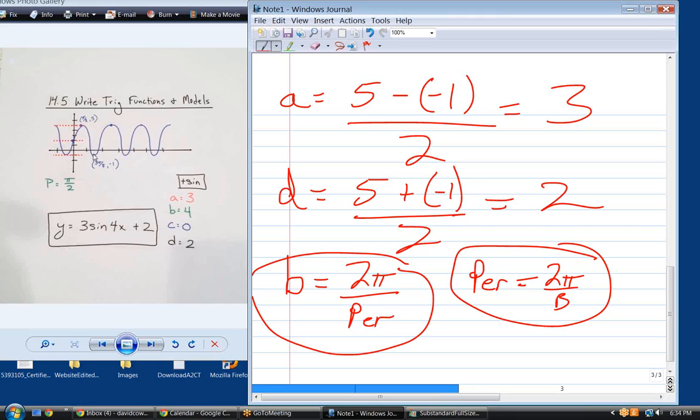Well, that represents half of a period, not a full period. So if half of a period is 3, then the full period is 6. And if the full period is 6, then B is pi over 3.